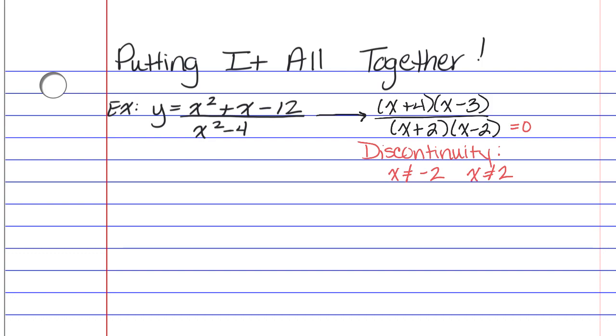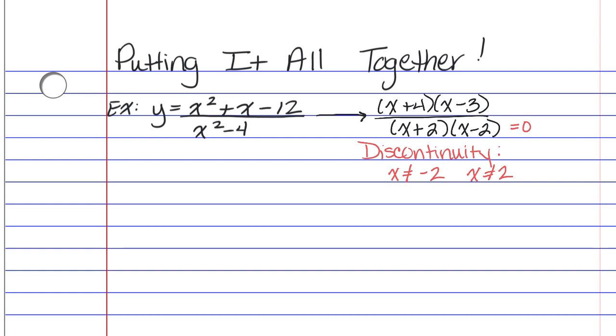If they're removable, then I need to go in and find the holes in my graph. But if they're non-removable, then they become asymptotes. Just a reminder, the only time they can be removed is if the factors can be canceled. In this example, the factors cannot be canceled, therefore they are non-removable.